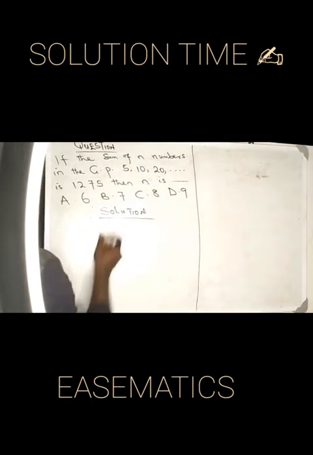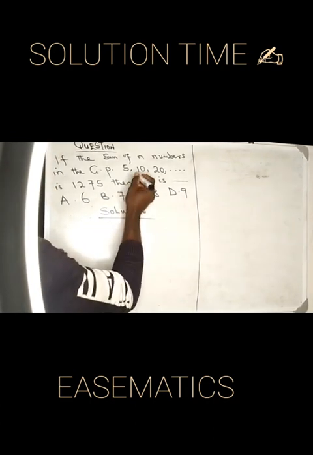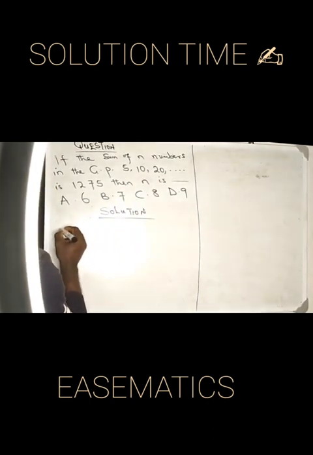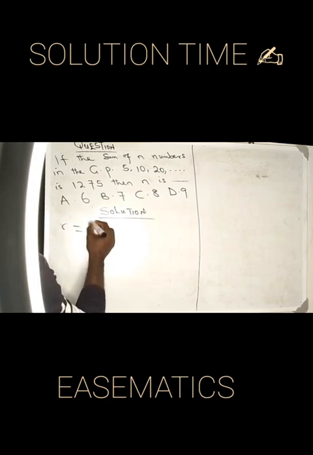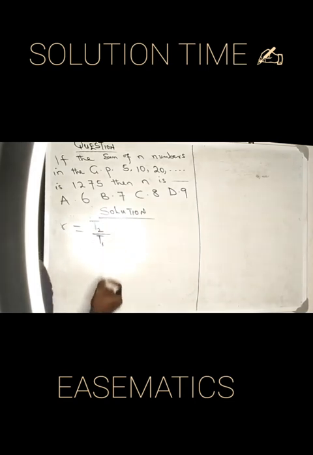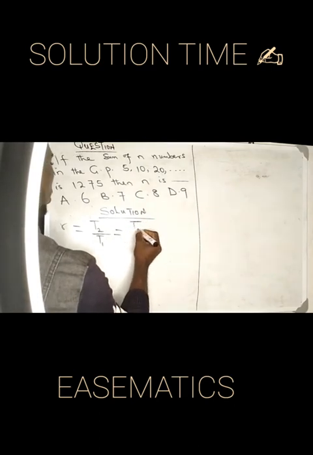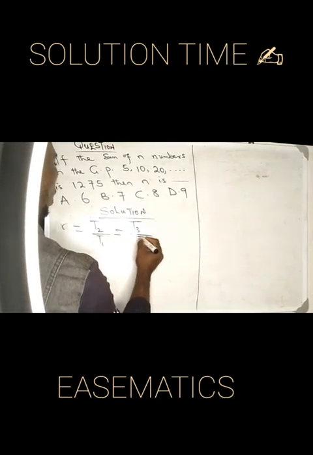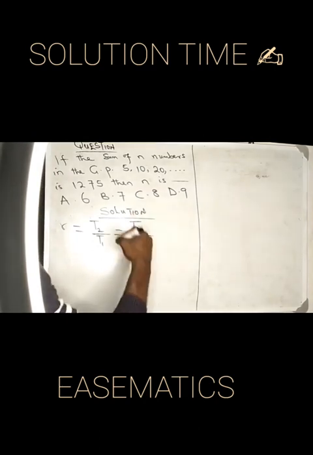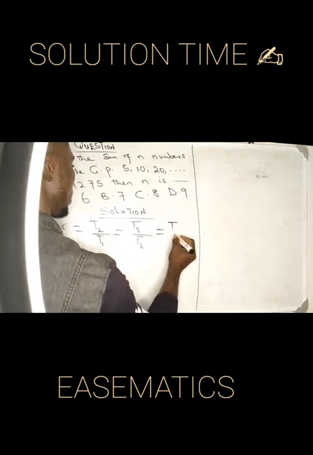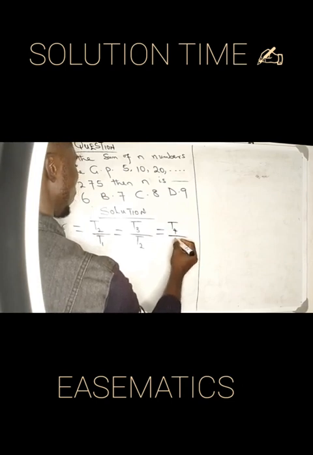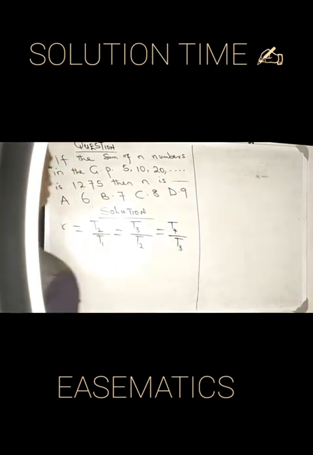Now we first get the common ratio, and the common ratio R is usually given as T2 over T1, the second term over the first term, which will also give us the same value as the third term over the second term, and the same value as the fourth term over the third term.